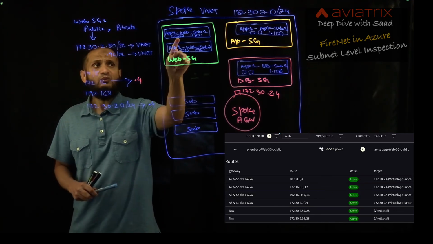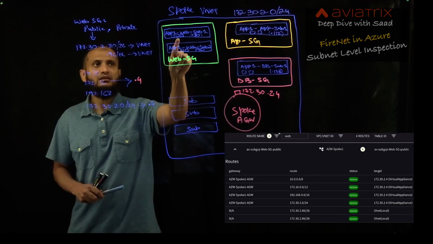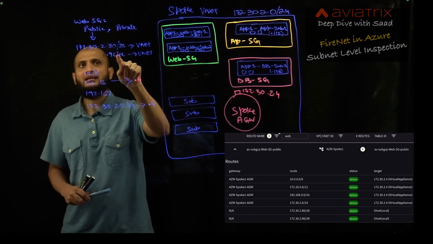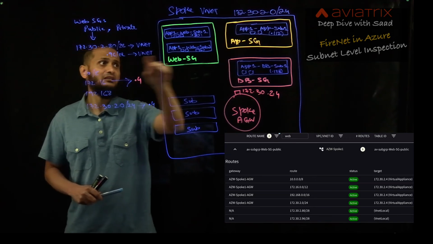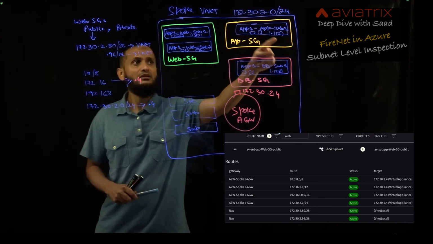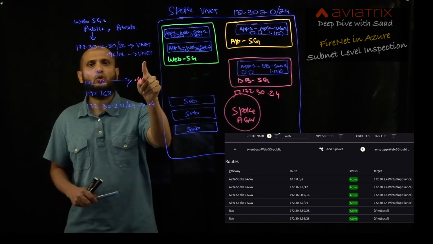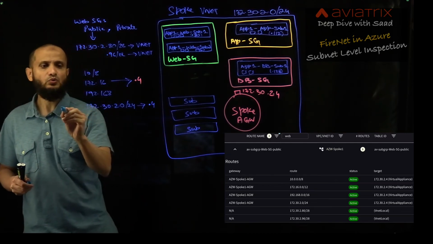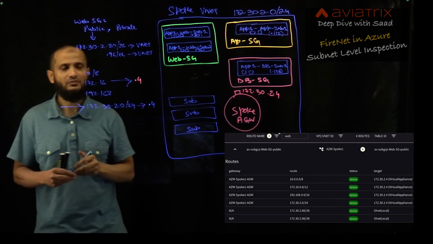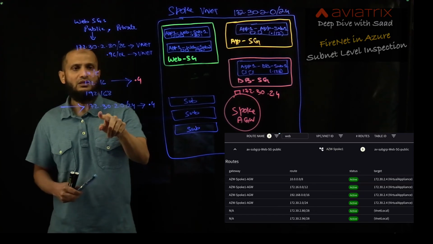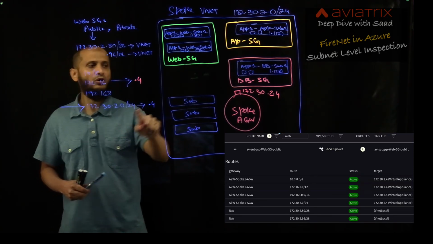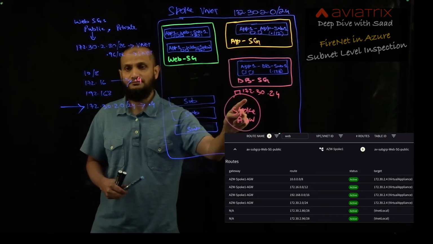But when I want to communicate with anything outside this .80 or .96, it could be .112, something over here, at that point I am going to use this entry. And this entry is telling me to talk to the spoke gateway.